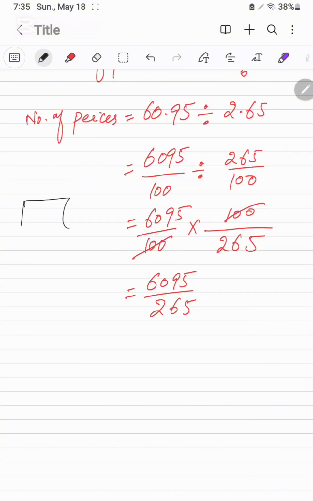Now we are going to divide 6095 divided by 265.